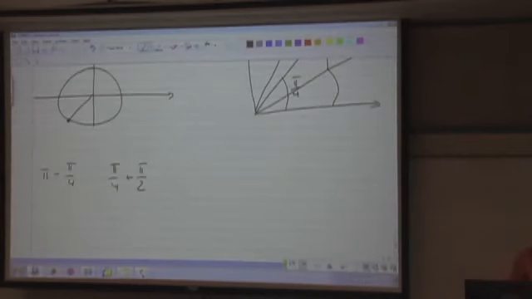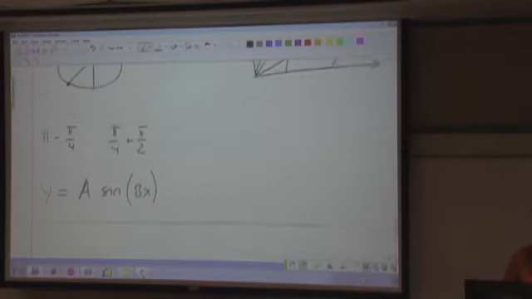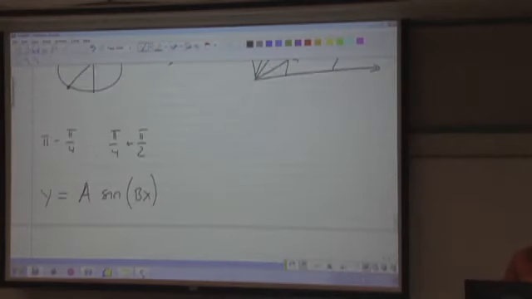Do I need to go back to y equals a times sine of bx plus c? Forget about the c, since we're not using that for this particular problem. Let's make it a little simpler. What is a times sine of bx? What is the amplitude? Absolute value of a. What is the period?